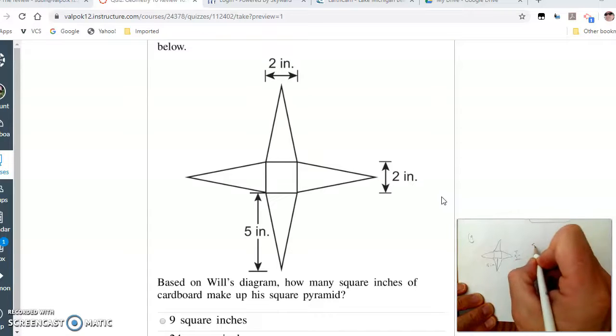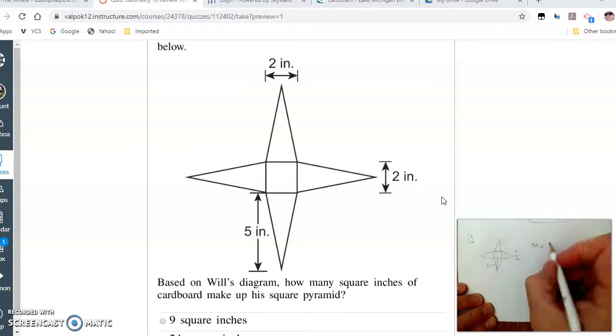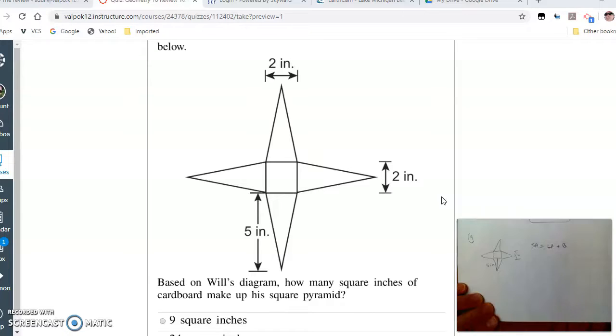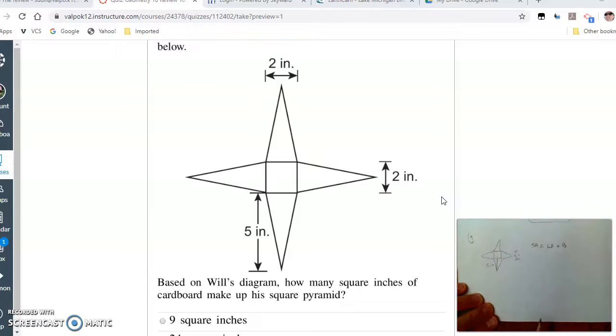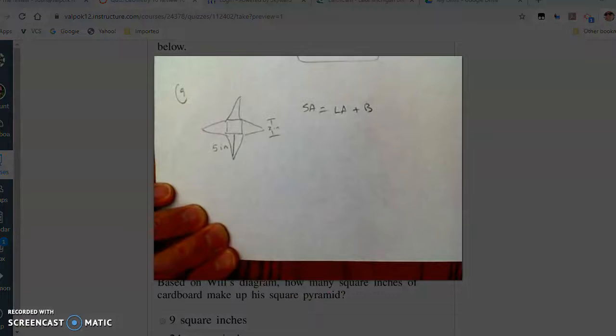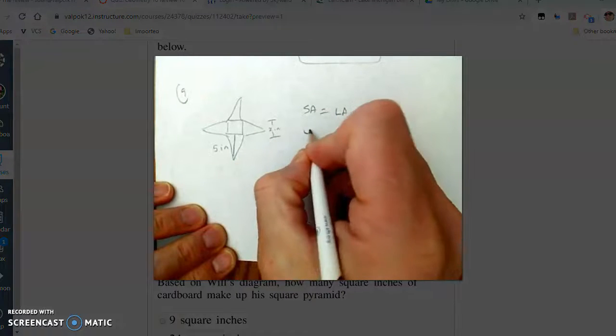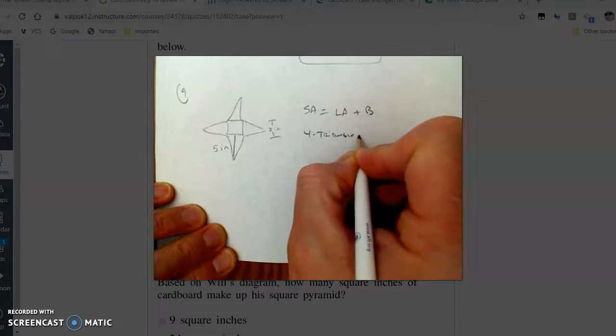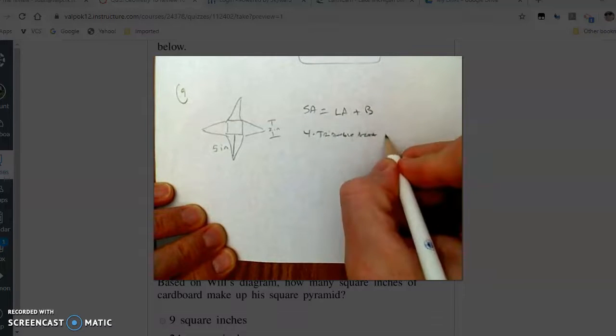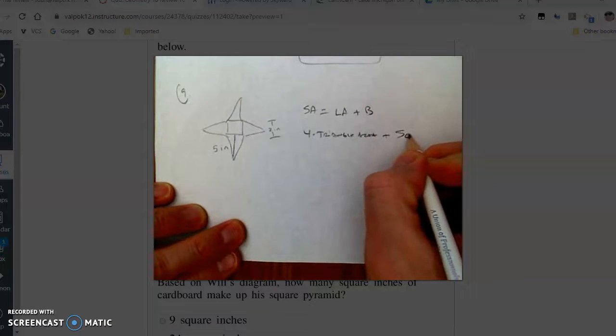So if I'm thinking about surface area here, I have the lateral area plus the area of the base, right? So the lateral area is the 4 faces. So I have 4 times triangle area plus the square area.